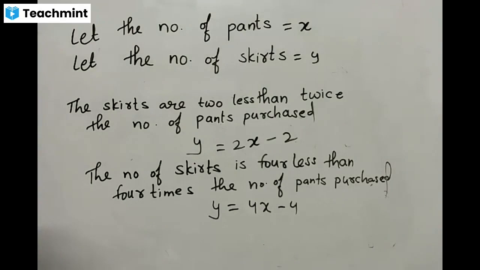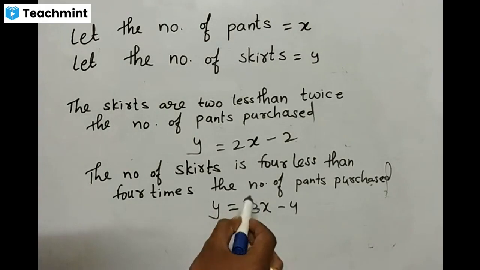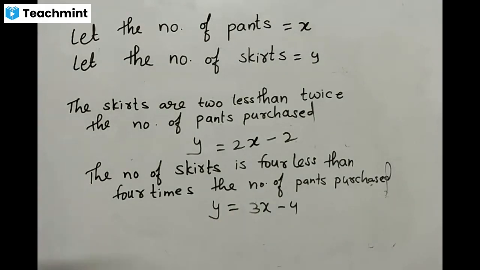Sir, less than 3 times, sir. 4 less than 3 times, sir. In my textbook, 3 means you write 3, 4 means you write 4. Here 4 is there. Okay. So 3 times means you go for 3 times.